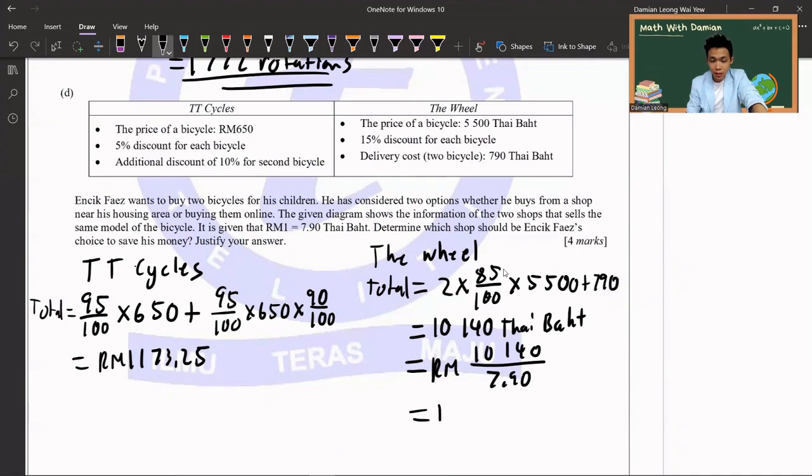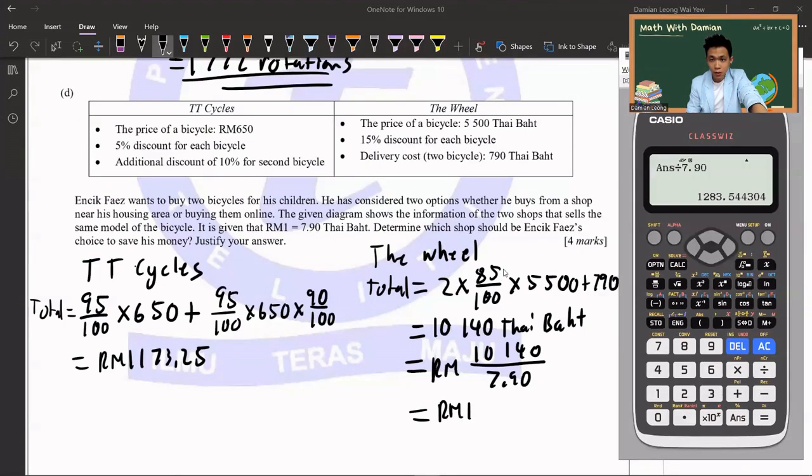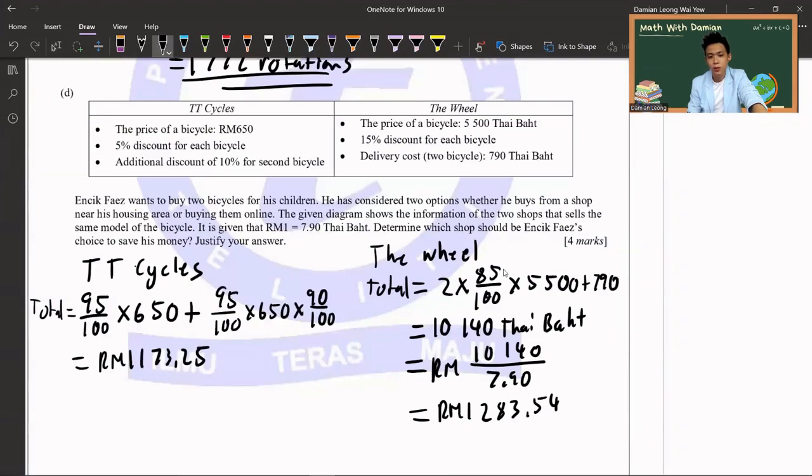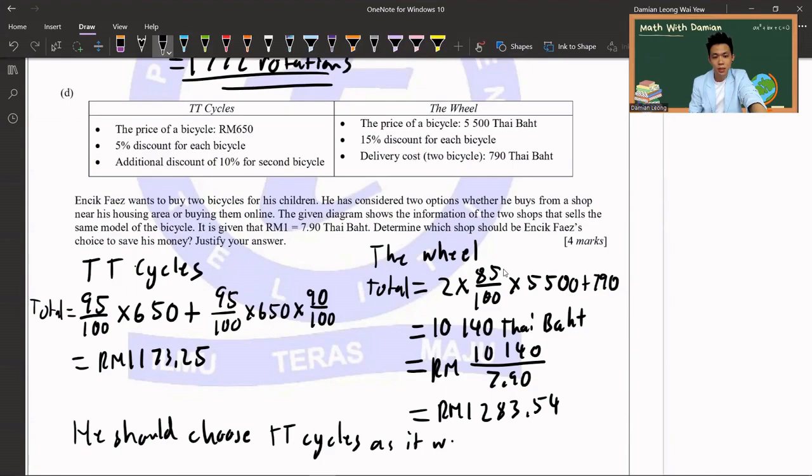And I will get 1,283 ringgit 54 cents, which shows this is more expensive. So you should choose TT cycles, as it would be cheaper.